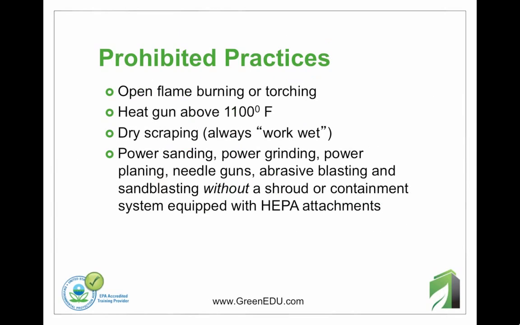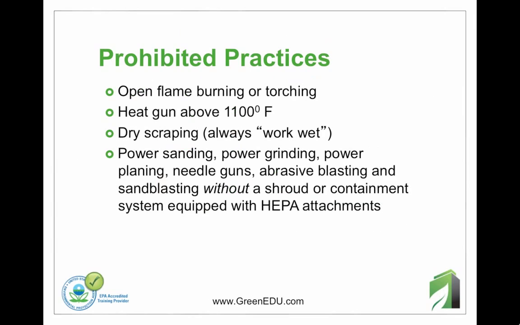When it's just dust and debris, if it gets on your hands, it's not small enough to get through the pores of your skin. You just wash your hands and you'll be fine. Once you turn it into a fume or a gas, all bets are off. You almost need a full hazmat suit if you're operating under those conditions. Considering it's so dangerous, the RRP rule and the EPA just prohibit it outright.